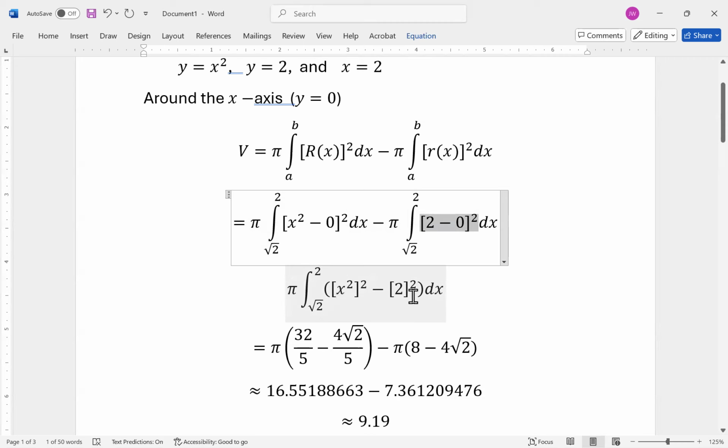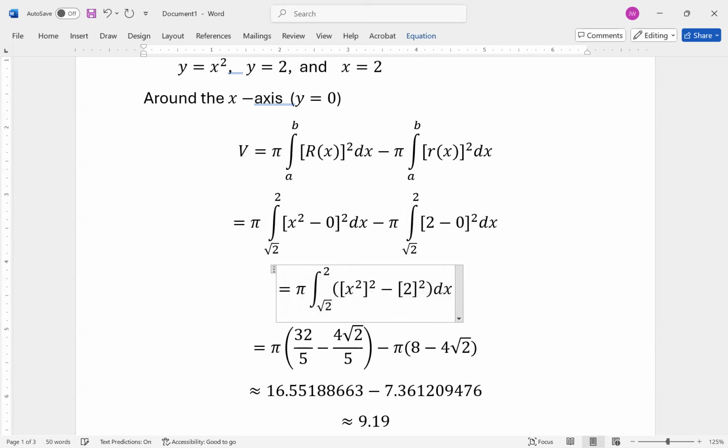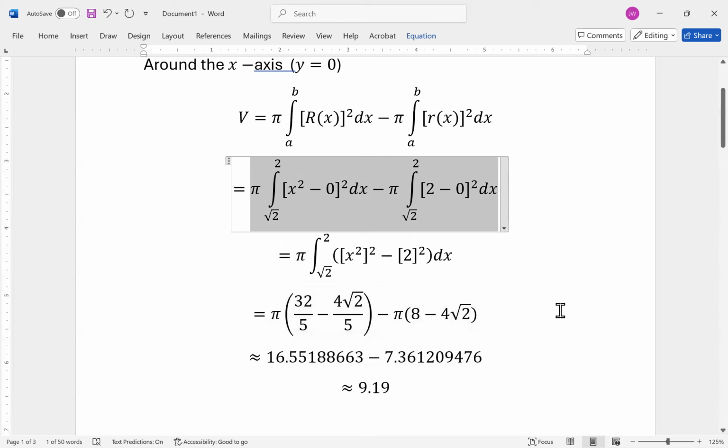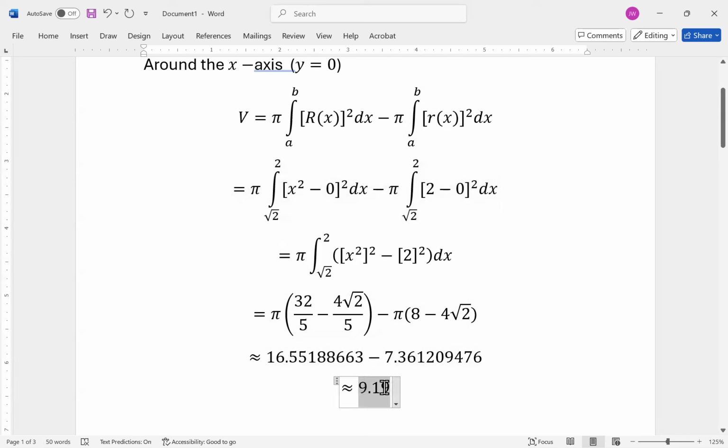And if you do that, then when you plug this in, it might be a little bit easier. You can also, if you want, plug this in in one big line on your calculator and then get the final answer. So there's a number of ways to plug this in. The setup is the more important part. And then there's a number of different ways to get down to the final approximate answer of about 9.19.